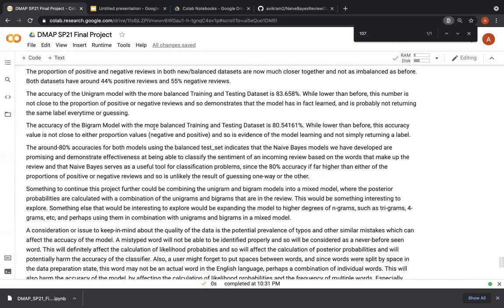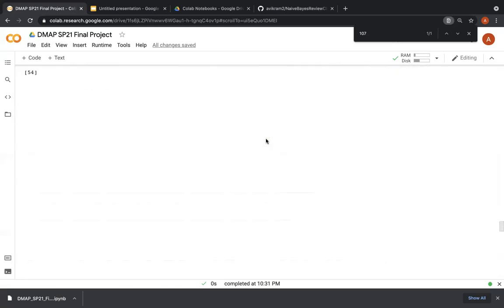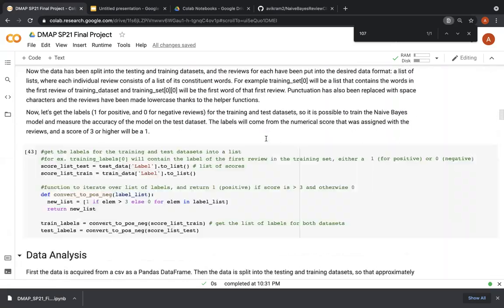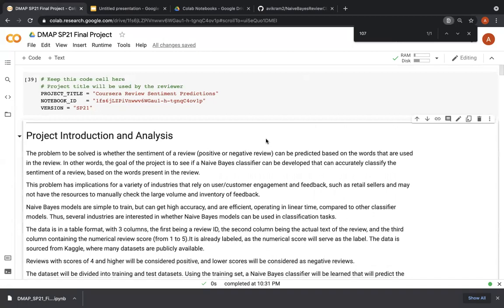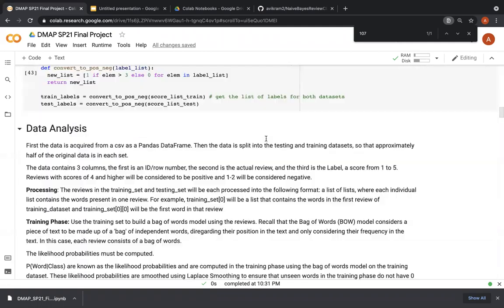So we wanted to verify our model, and I think that the new balanced data set and these accuracy values do validate that this is a promising approach, and they do support our initial problem statement, which is whether we can develop a classifier which can predict the sentiment of a review just based on the words that are in the review. And we wanted to do this with a naive Bayes classifier.